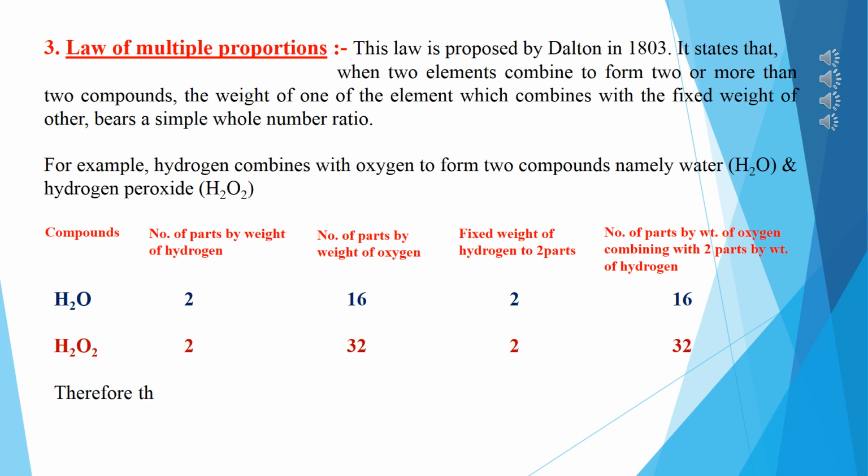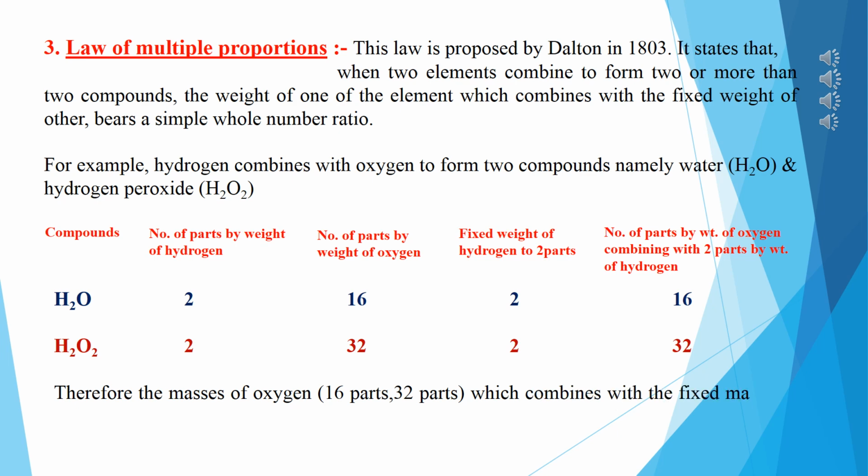Therefore, the masses of oxygen, that is 16 parts and 32 parts, which combine with the fixed mass of hydrogen, that is 2 parts, bear a simple whole number ratio, that is 16 is to 32 or 1 is to 2.